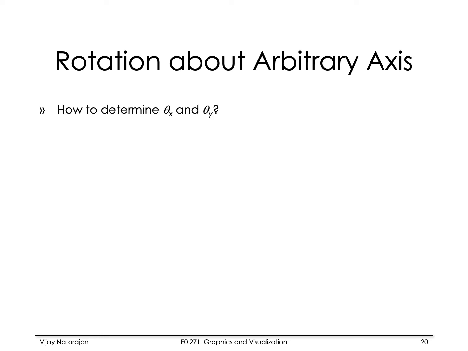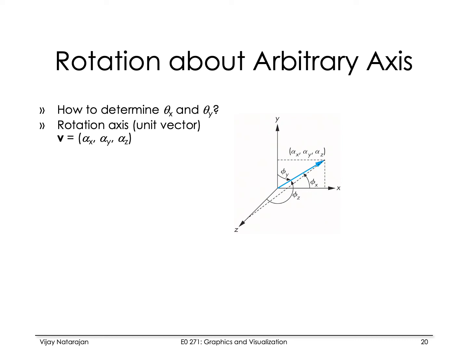Recall that we still have not figured out how to compute theta x and theta y. This is not too difficult. So let's look at this. Here is my vector v shown in blue. This can be represented in many ways. One way to represent it is by looking at the endpoint alpha x, alpha y, alpha z.